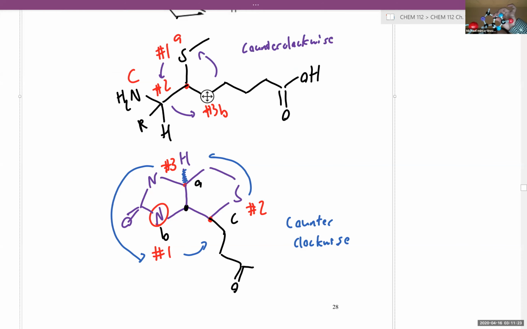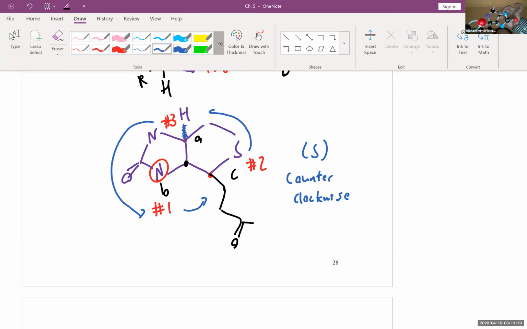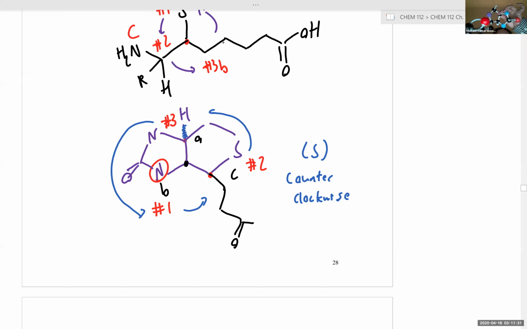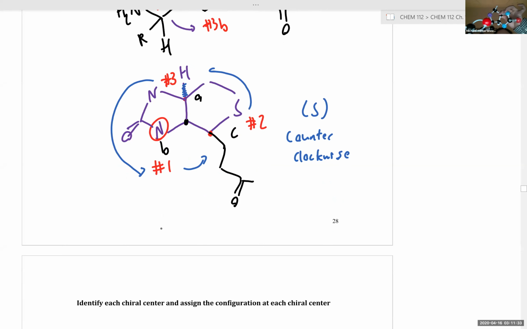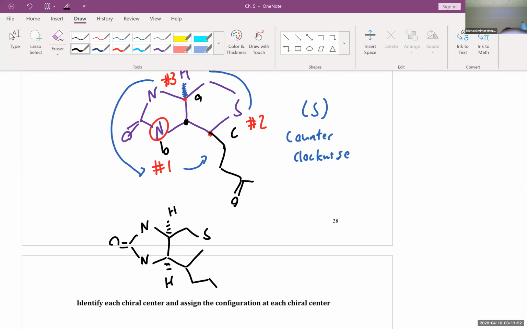So let's just draw what we see for center C. Okay, so we've drawn center C. Now let's assign our priority.